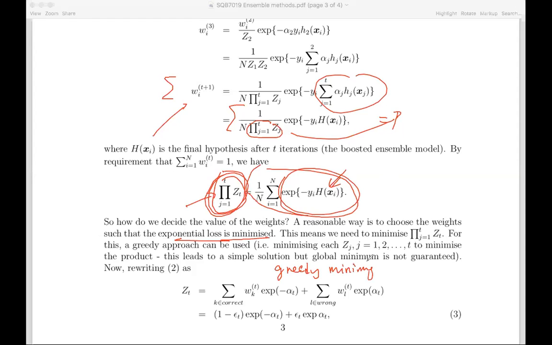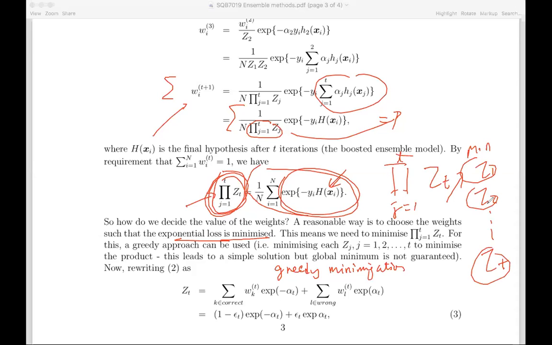Greedy minimization in this case is fast, because to minimize the joint product of Z1, Z2, you minimize the individual Zs, and you hope that by minimizing all the Zs separately, the product is also minimized.